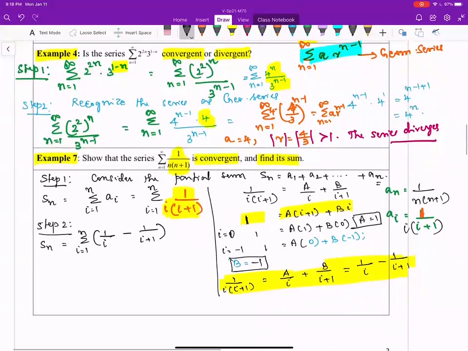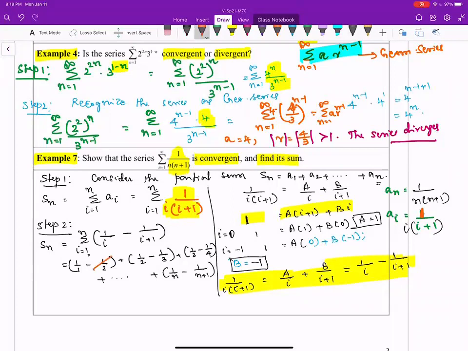So sigma can be applied to both terms. Let's start with i equal to 1: it's 1 over 1 minus 1 over 2. Then i equal to 2: 1 over 2 minus 1 over 3. i equal to 3: 1 over 3 minus 1 over 4. It goes on like this till we get the last term, 1 over n minus 1 over n plus 1.